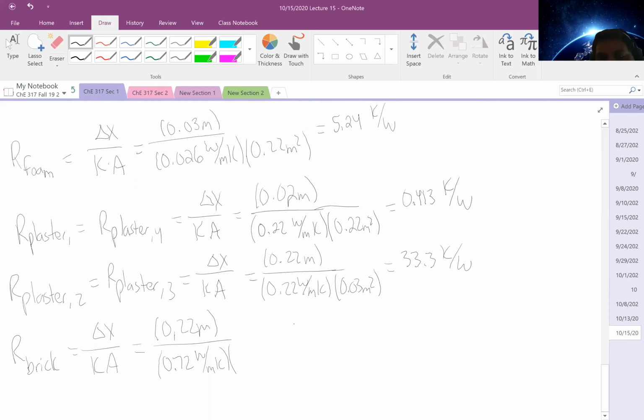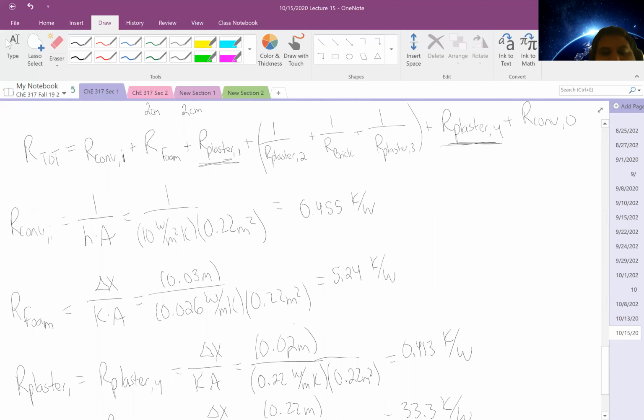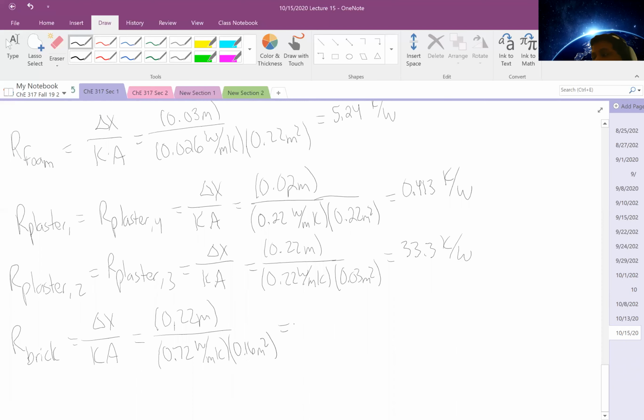And my area is going to be the length of the brick, or 16 centimeters, times our basis of 1 in the z direction, or 0.16 square meters. Or approximately 1.91 kelvins per watt.